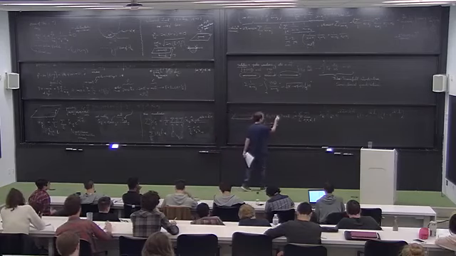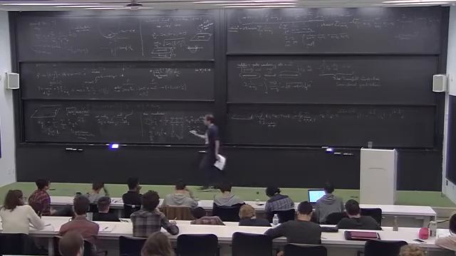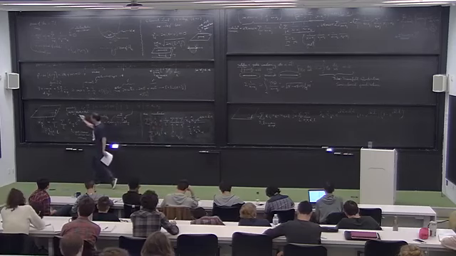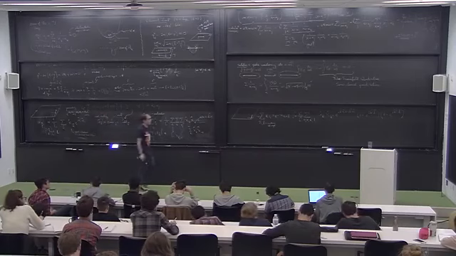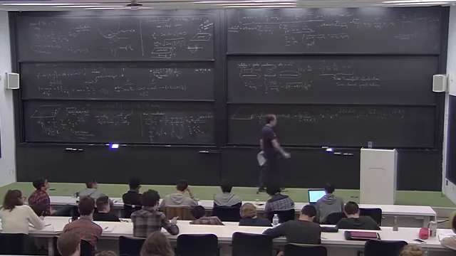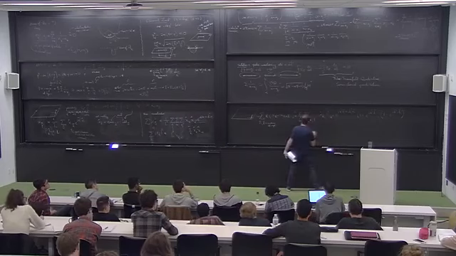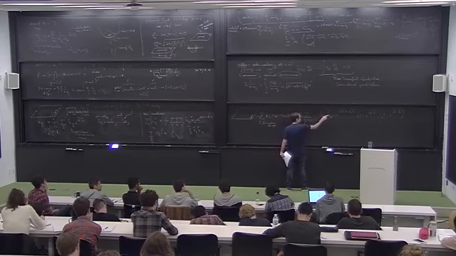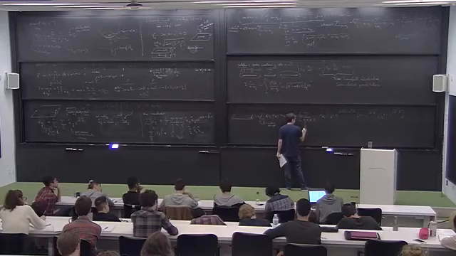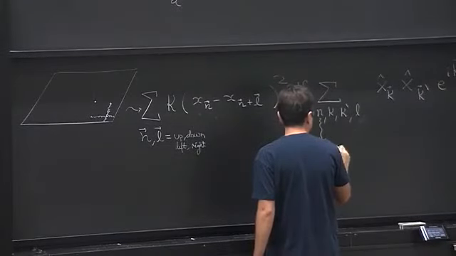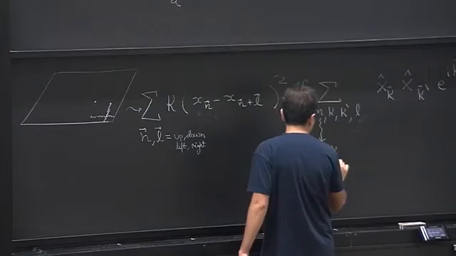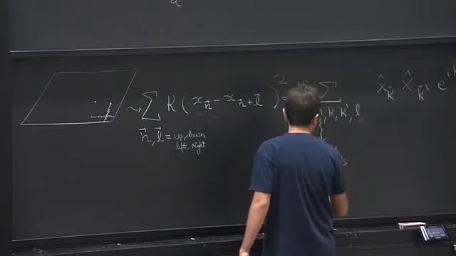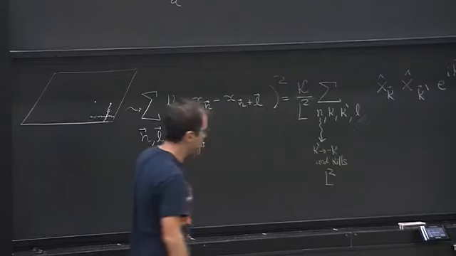Now, same story: the sum over n sets k prime to be minus k, because it gives L squared times a delta function.